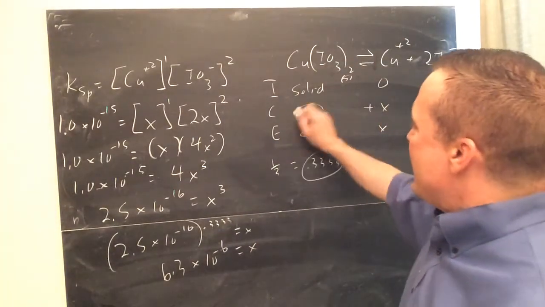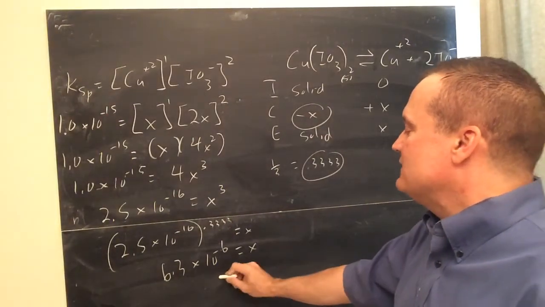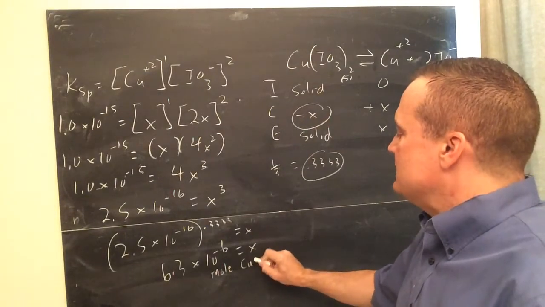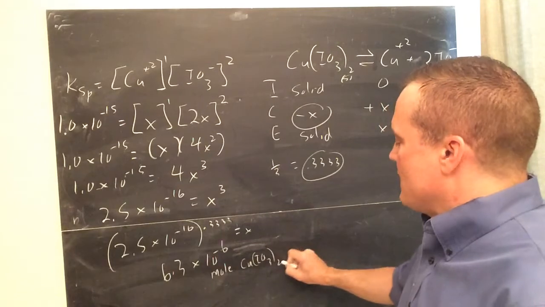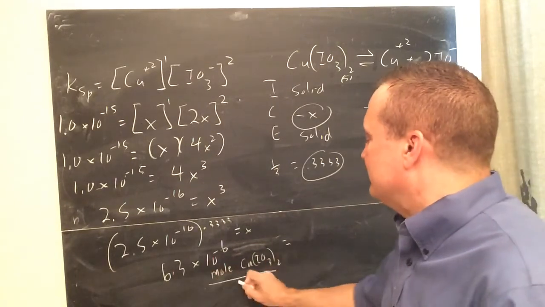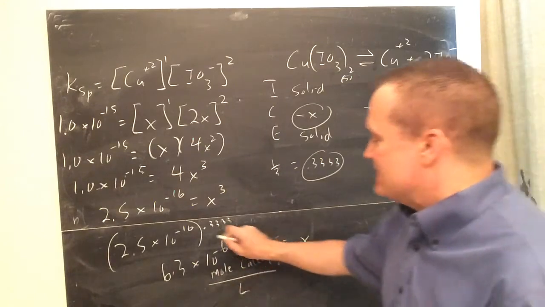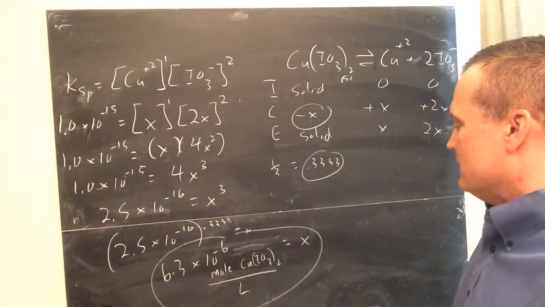We found x, the solubility. So let's label that: 6.3 times 10 to the negative 6 moles of copper 2 iodate per liter is the solubility. That is the answer.